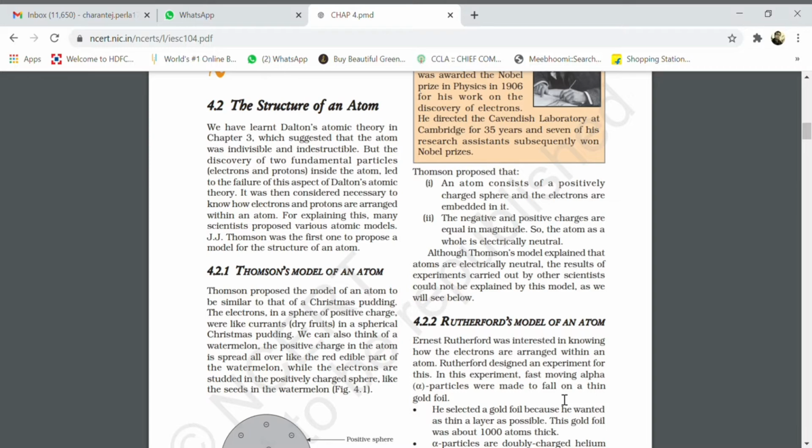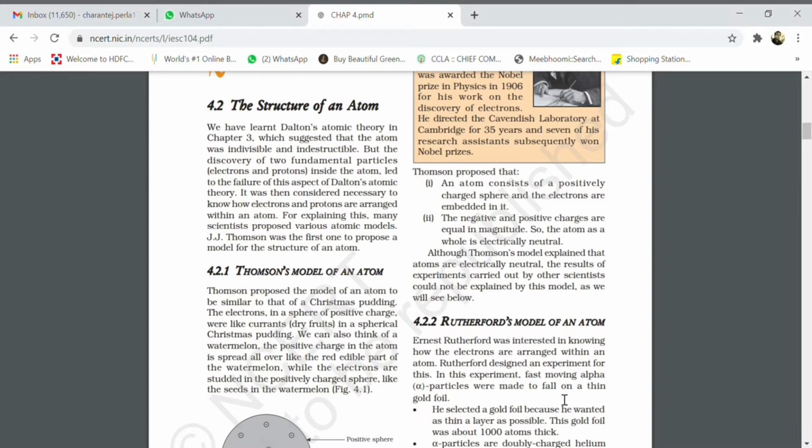In this example he said that the atom is a positively charged sphere in which electrons are embedded.